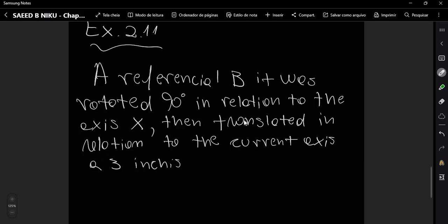So notice that we are doing transformations in relation to the fixed referential and in relation to the rotative referential.